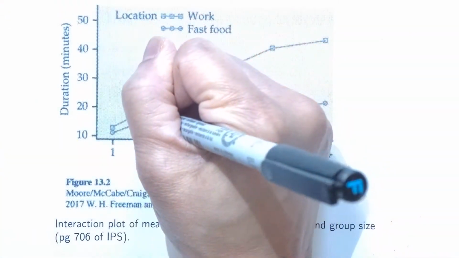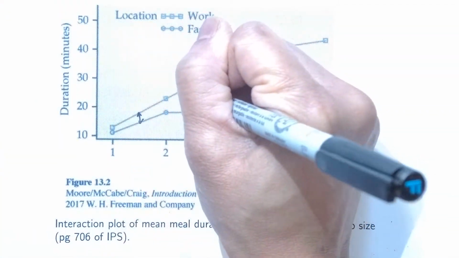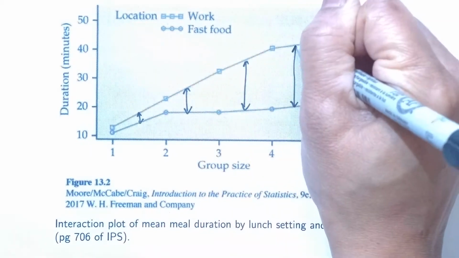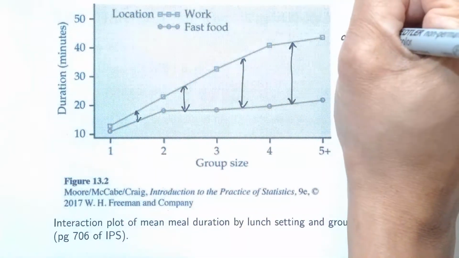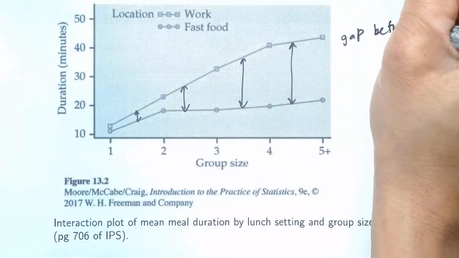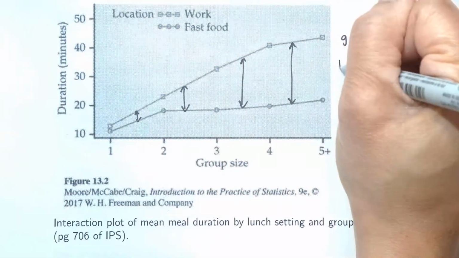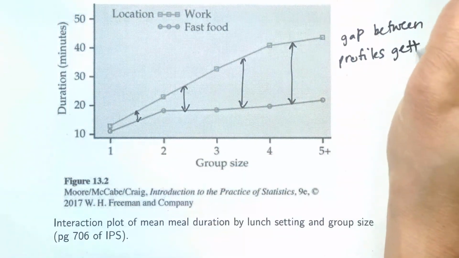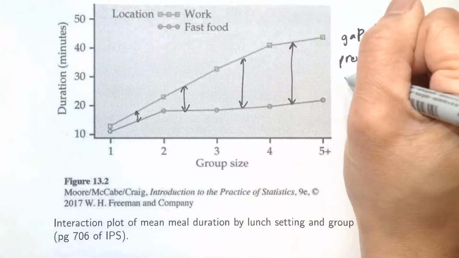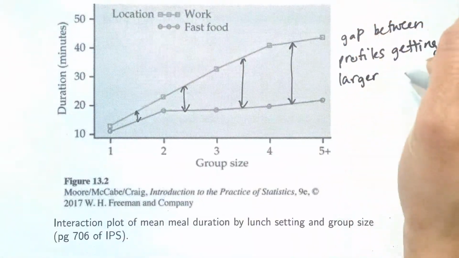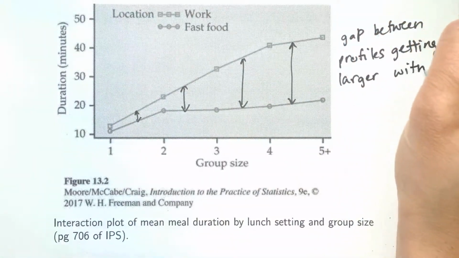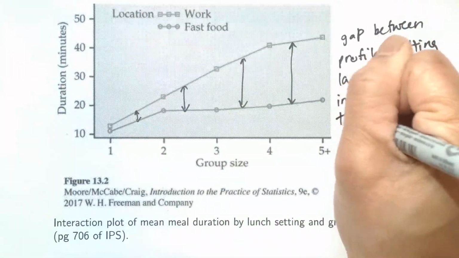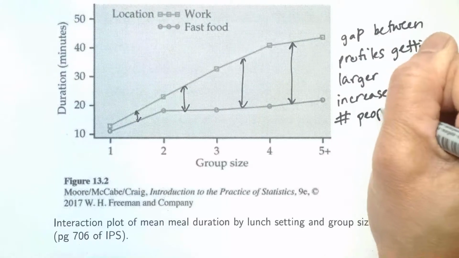In particular, we can see that the gap between our two curves is changing. The gap between profiles is getting larger with an increase in the number of people eating.